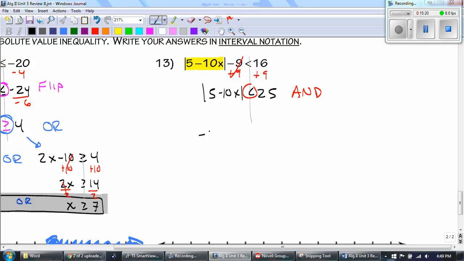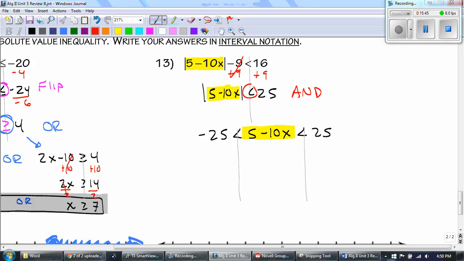So that means we put the negative 25. I use the same symbol, the absolute value, and then 25. Okay, the key thing is that absolute value stays the same. The inequality, I used the same inequality both times. Okay, it was just the positive 25 and negative 25.